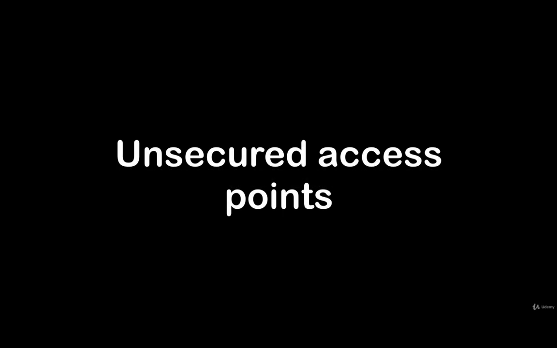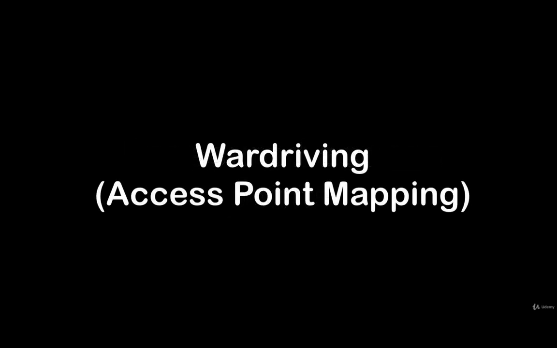And the thing about unsecured access points is that attackers can drive around and look for them. They don't have to focus on any one unless they come across something easy. What they do is called war driving or access point mapping, where they go from place to place and look for them.